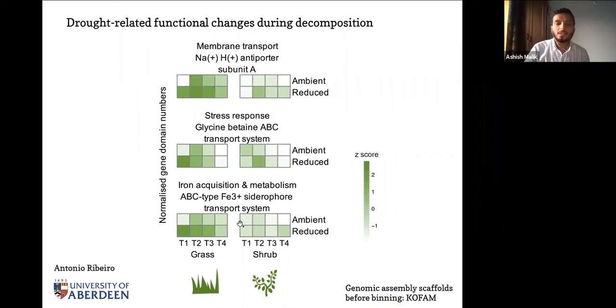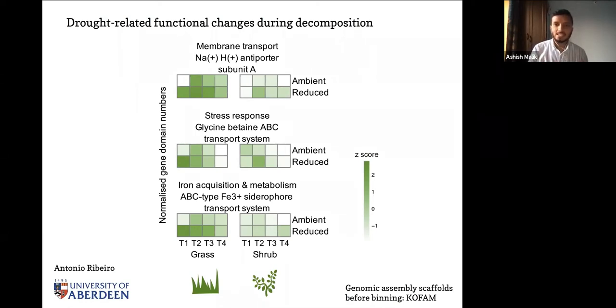So what we did here was genome assemblies, and then the scaffolds were then annotated using COG and Pfam, and this is data before binning. So we are looking at the gene domain numbers, or the diversity of genes that we could find in the metagenomics data sets.